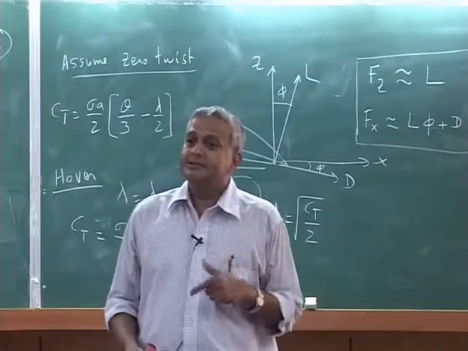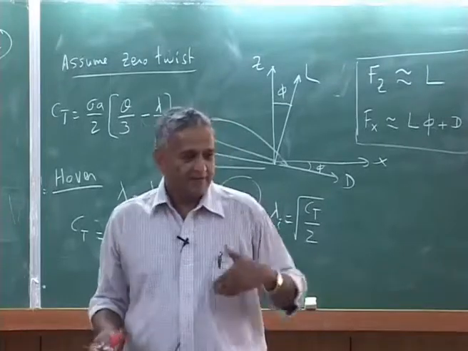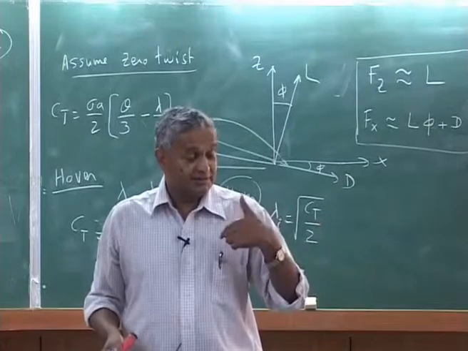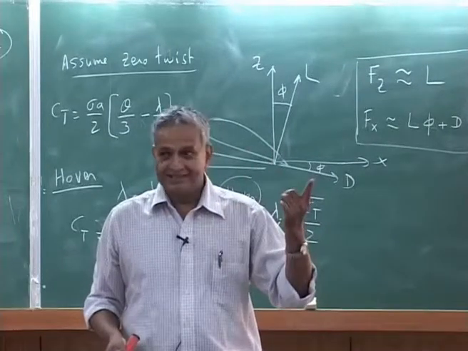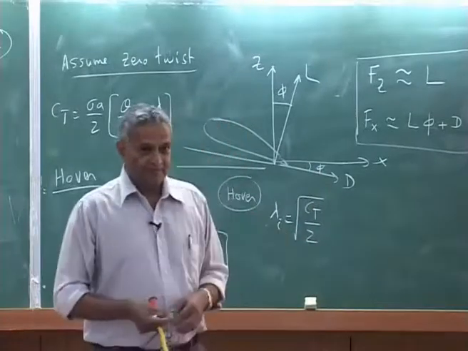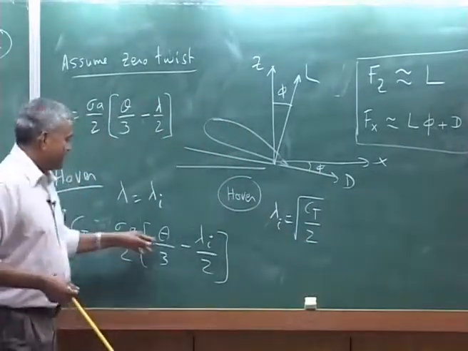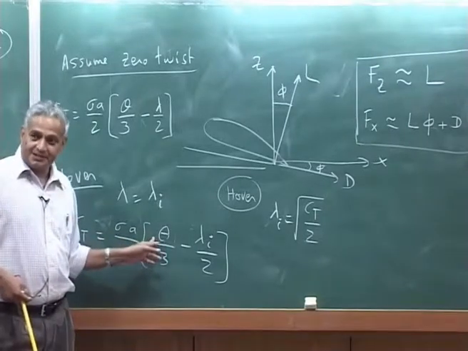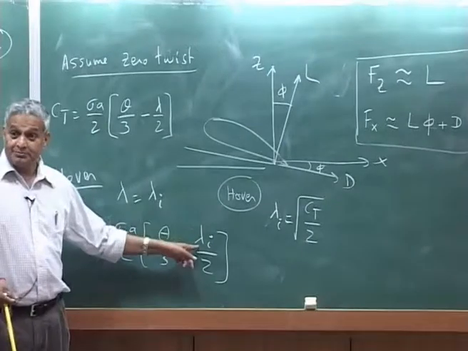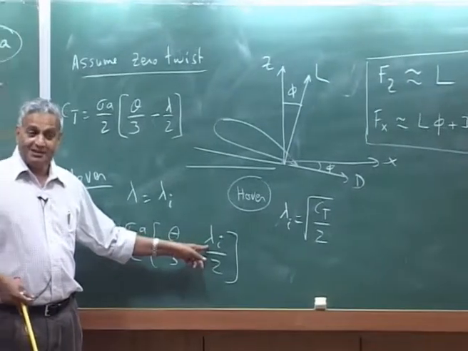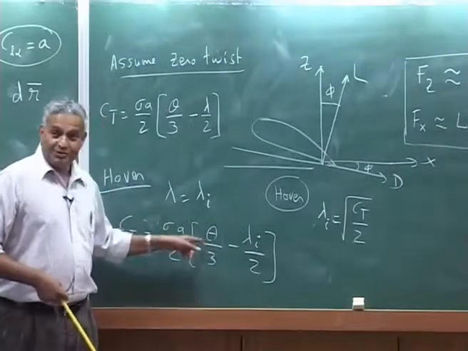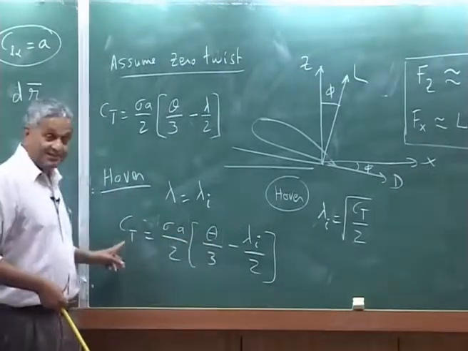On the other hand, in an experiment, if I give a pitch angle, I must know what should be the CT. That means I have to do iteration, because first I assume the value of theta, then I do not know this value, I may take it as 0, you follow. Then I put the value of theta, I get a CT.